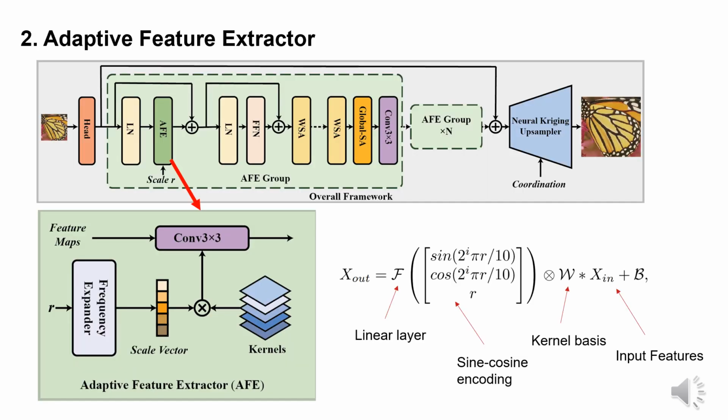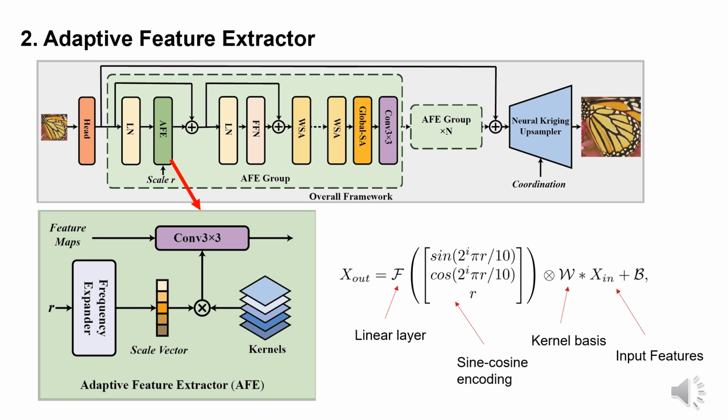The second problem: how to incorporate scale information during the feature extraction process. We design a pluggable transformer-style information injector named Adaptive Feature Extractor to enhance the equivariance of the backbone. The input scale factor is expanded to a higher dimension by sine-cosine encoding, which is further mapped to a latent space to carry scale information by a linear layer.